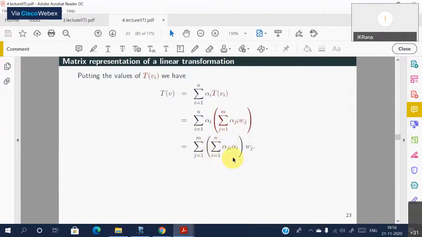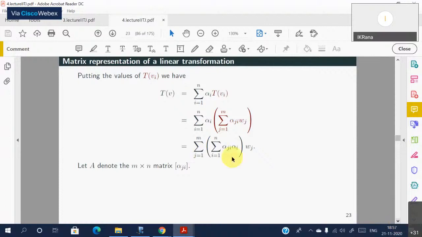So these scalars multiplied by wj give me a representation for T of v in terms of wj, which is a basis for the range. So this must be the coordinates of T of v. The jth coordinate of T of v is this sum.